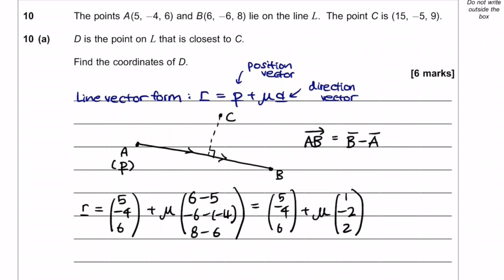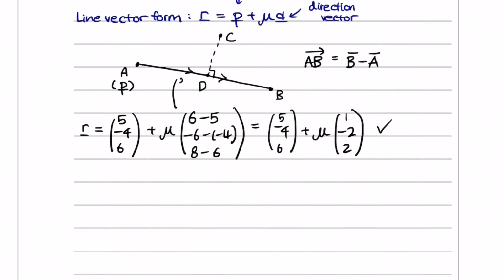So the closest one is always the 90-degree one. That point is our D. We're not sure what the coordinate of D is, but we know that D is on the line AB, so it should follow the general equation for the line r. Let's say our D has arbitrary coordinates x, y, and z.